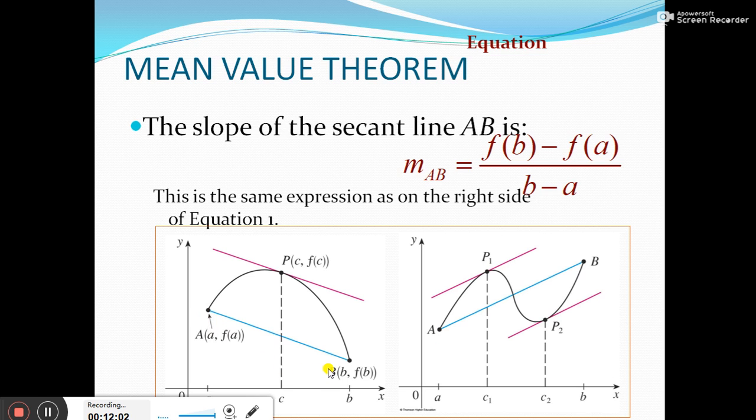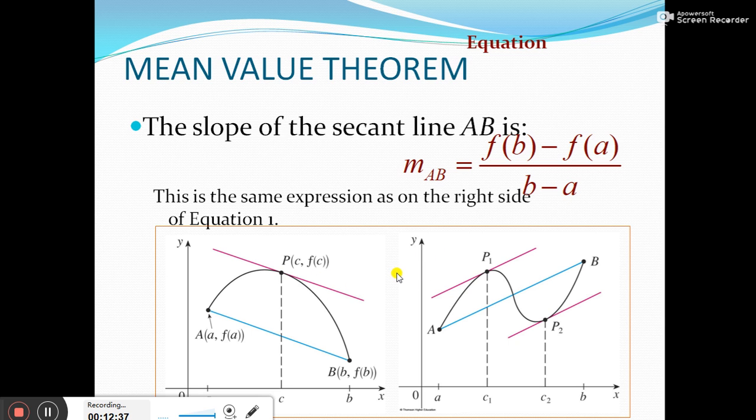Slope you have to find, that is (y2 minus y1) upon (x2 minus x1), that we have done earlier in straight line. Slope of a line passing through two points is (y2 minus y1) upon (x2 minus x1). Now here the points are (a, f(a)) and (b, f(b)). That means slope of this secant line is equal to (f(b) minus f(a)) upon (b minus a).